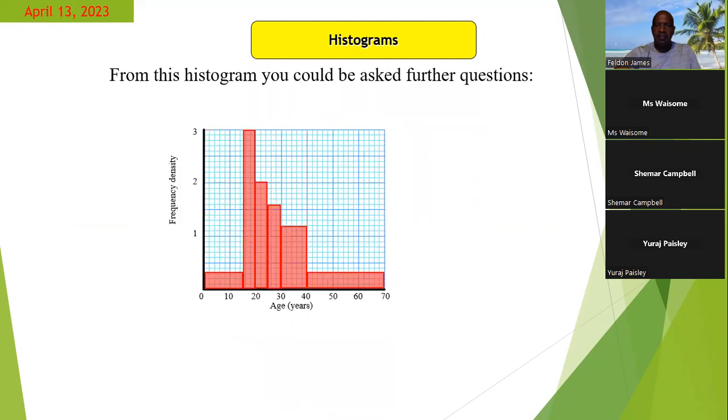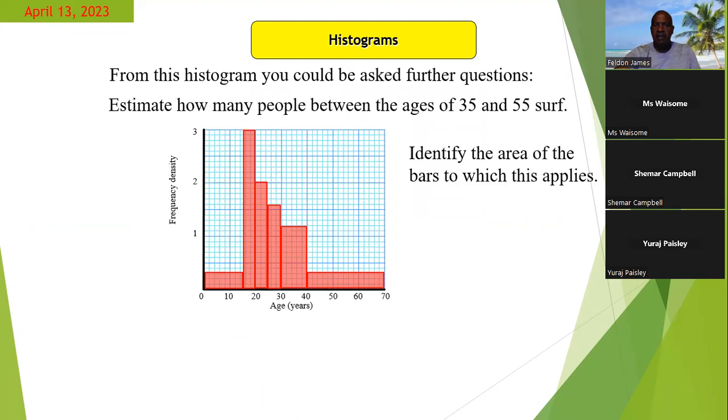All right, so from this histogram, you could be asked a further question. So you could ask the question to estimate how many people between the ages of 35 and 45. Now, you would have to identify the area of the bar to which this applies.